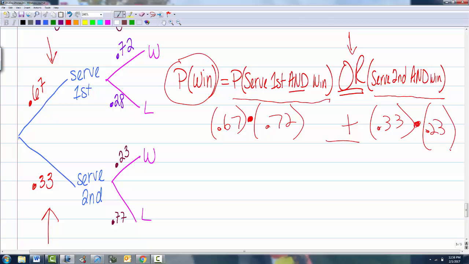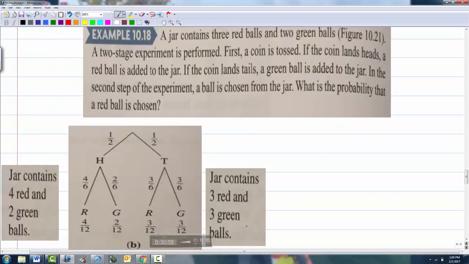Did you notice how annoying I was saying that? Because I was emphasizing the words what? And, or. Then you go ahead and multiply these and add them, and you could do that. We'll do that offline as the last one.